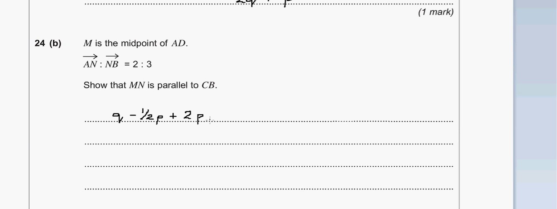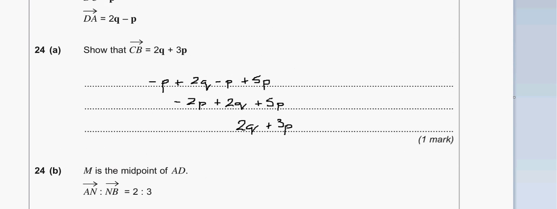Okay, now we can simplify this, so we get q, now minus half p plus 2p gives me minus 1.5p. Okay, so this gives me MN.